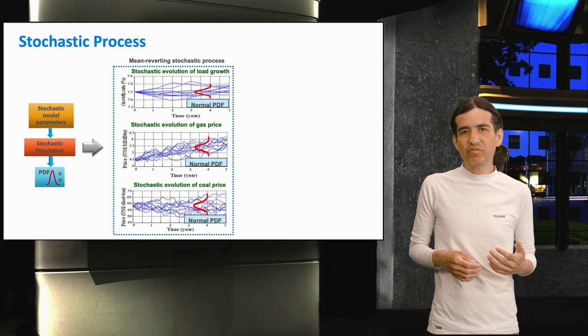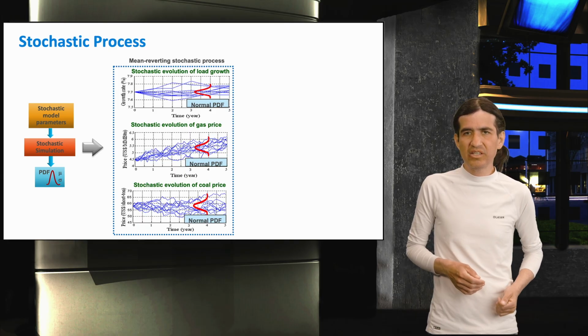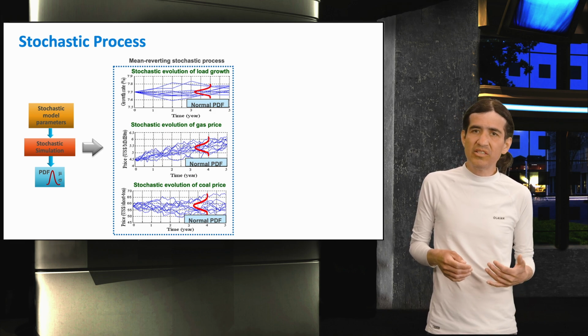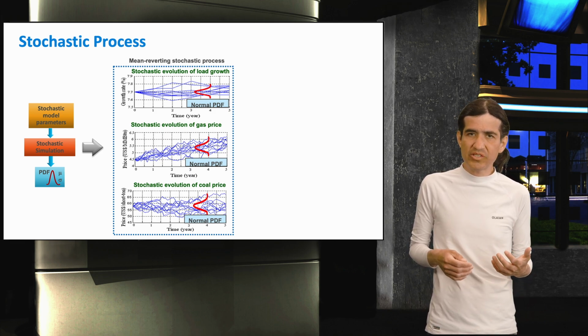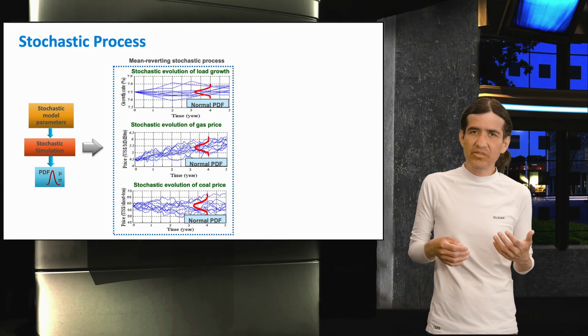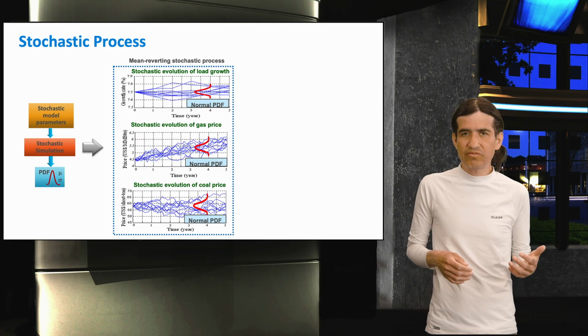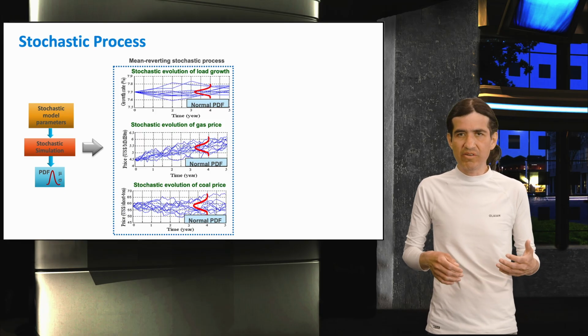To get the annual distributions associated with the stochastic evolution of these trends, it's just to assume that for any given year, a probabilistic distribution function can be chosen to represent the random input data of that year. For instance, a normal distribution function can be used as shown in red in the figure.